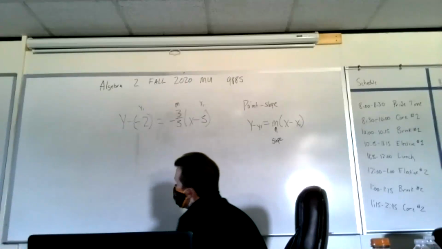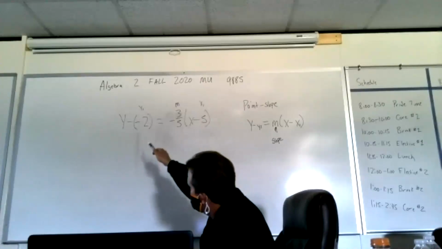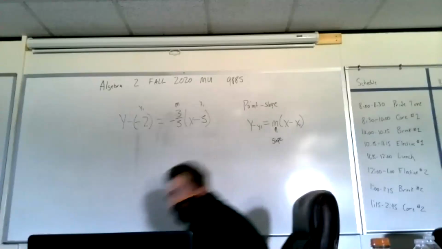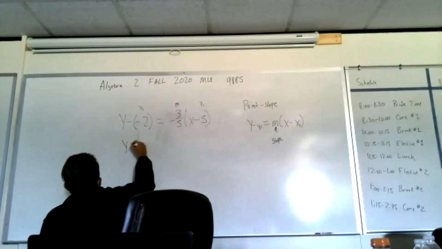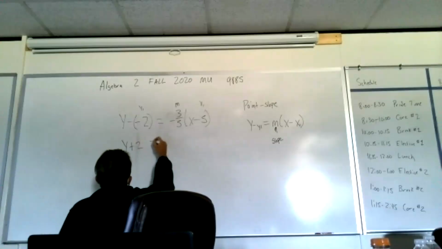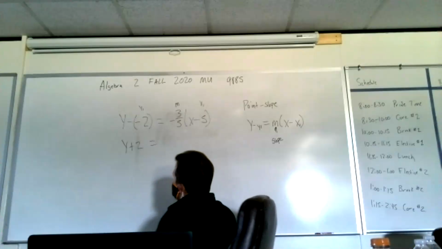Okay, first thing we can do here is simplify this down. On the left side, anytime I'm subtracting a negative, that is really adding a positive. On the right side, the first step is to distribute across.